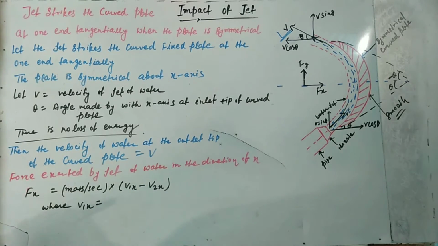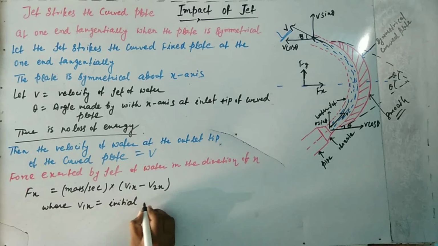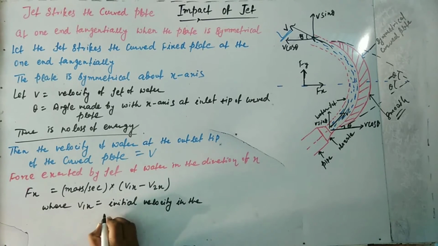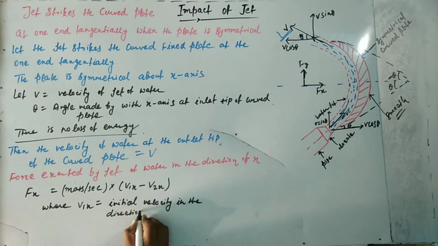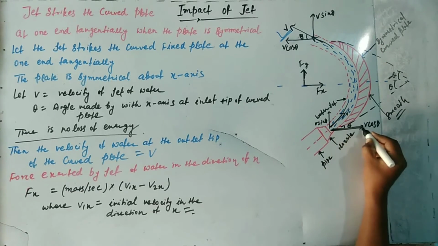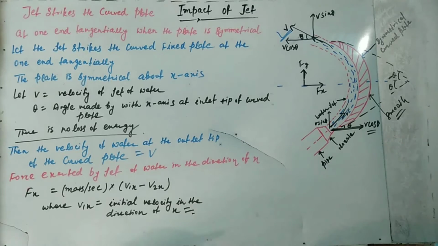So here v1x is equals to initial velocity in the direction of x, that is velocity component in the x direction. So it is equals to v cos theta.